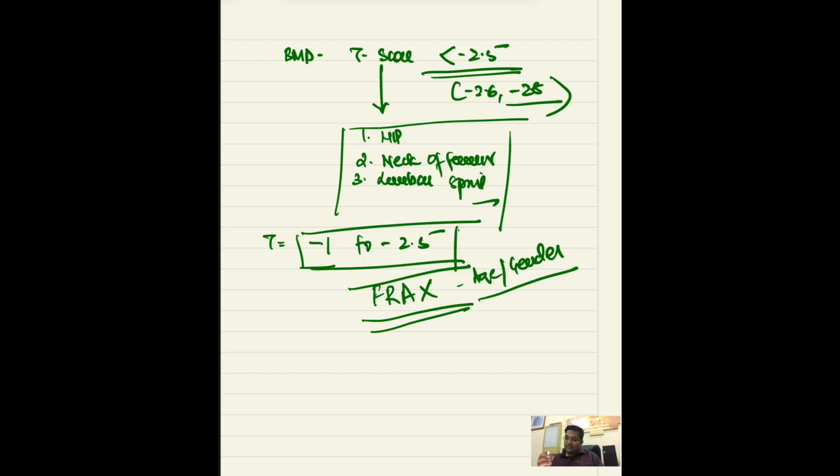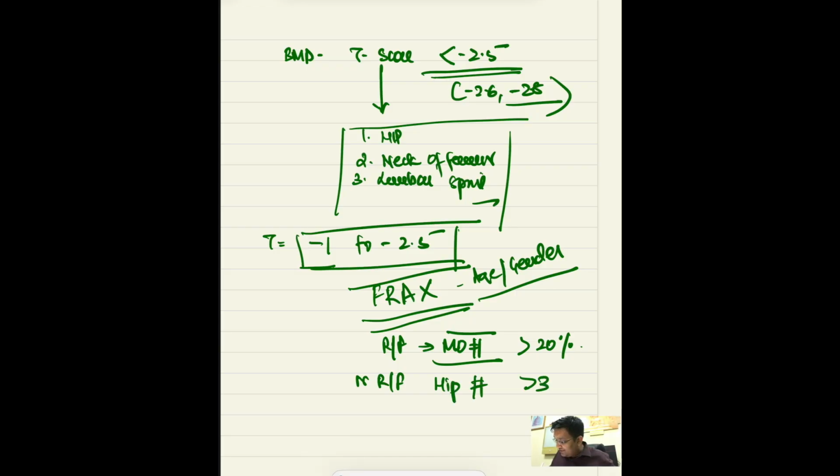So if the risk of major osteoporotic fracture is more than 20%, or the risk of hip fracture is more than 3%, that is the time we treat the patient.